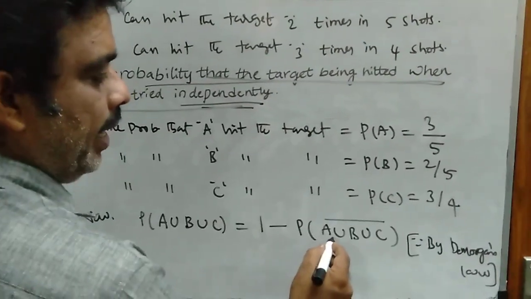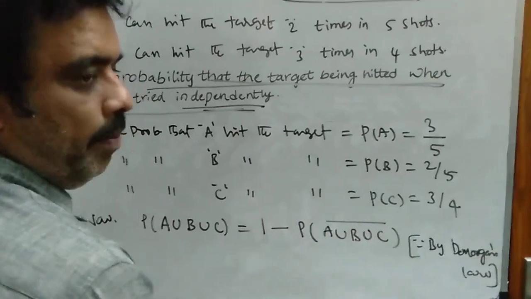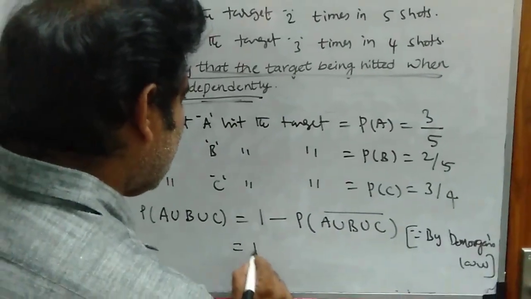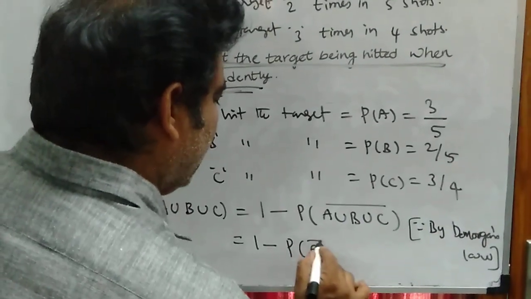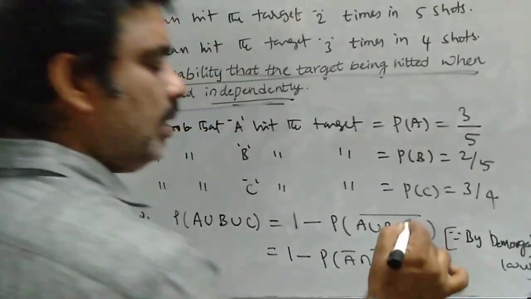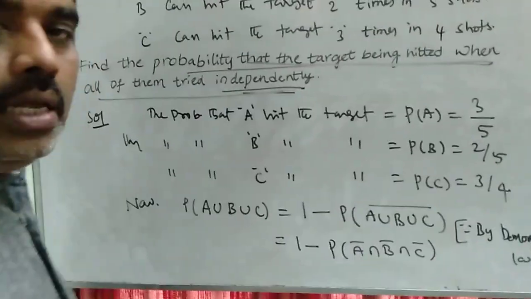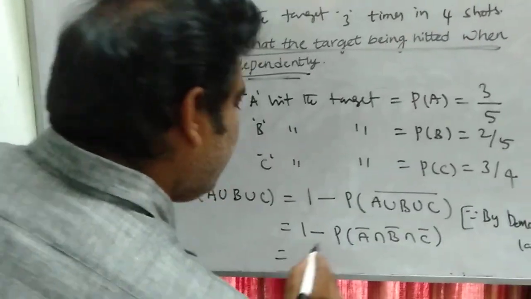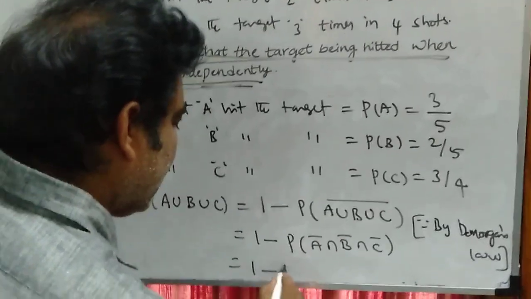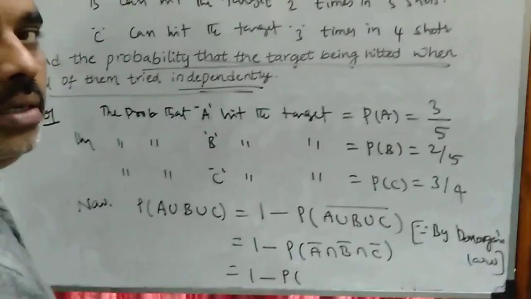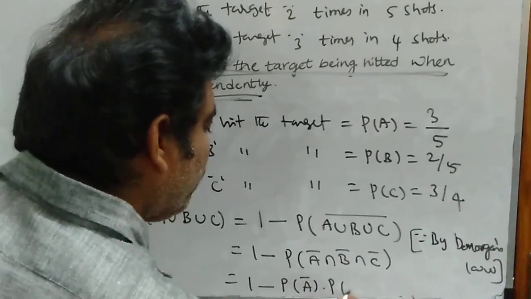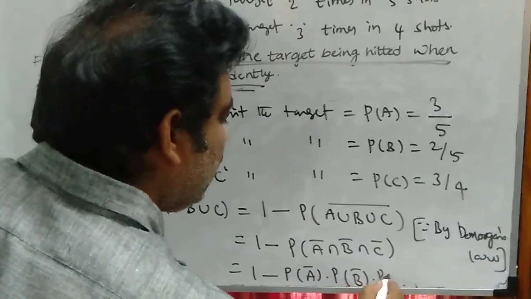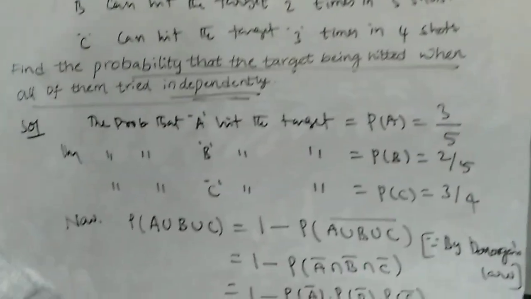This can be written by De Morgan's law as P of A bar intersection B bar intersection C bar. Because A, B, C are independent events, I can write it as the product of their probabilities, that is P of A bar into P of B bar into P of C bar.